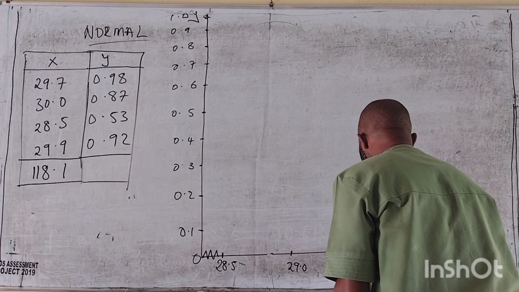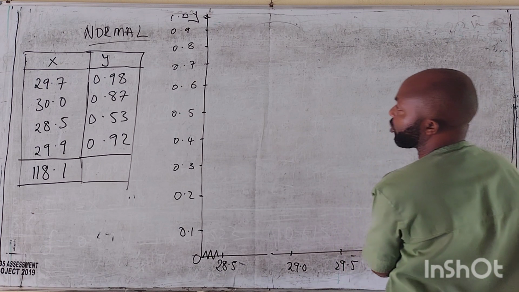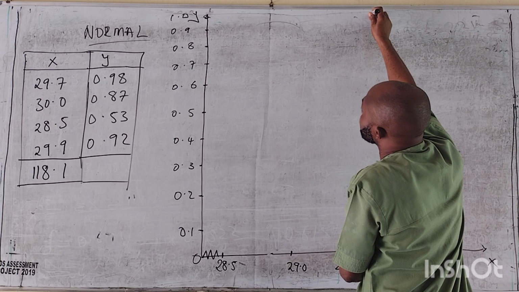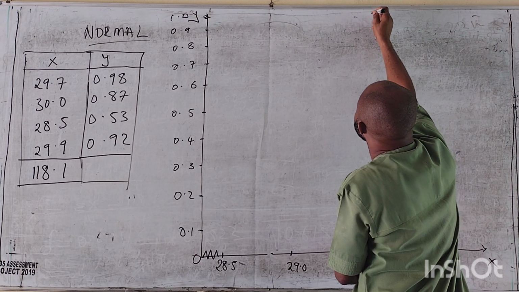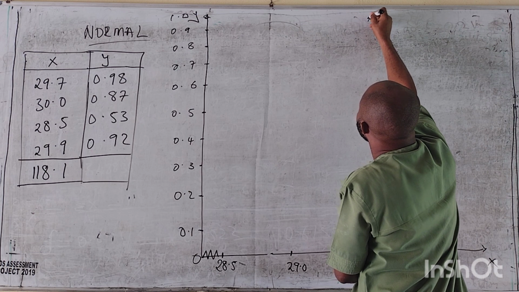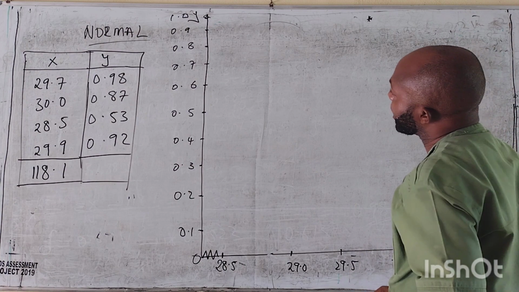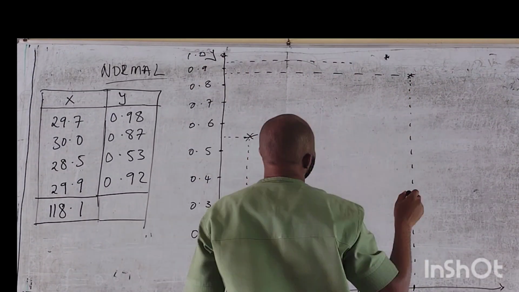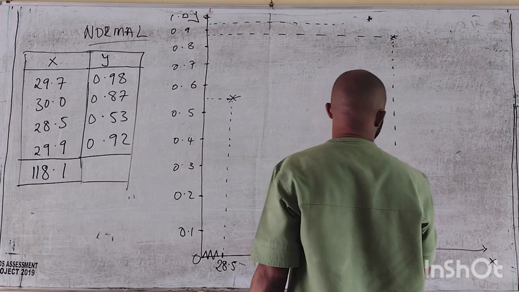Let's call it 29.5. Let's call it 29.7 here. 29.7 down to 0.98. The next one is 29.9 here.